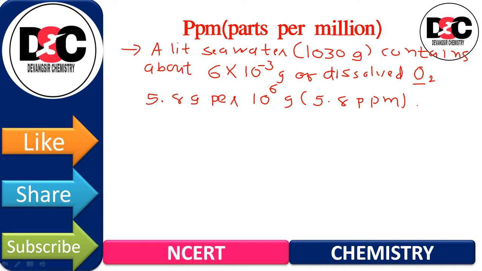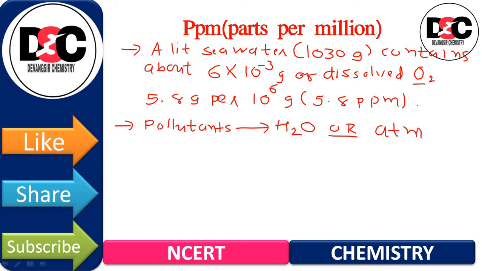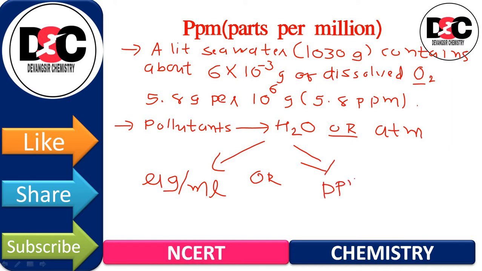The concentration of pollutants in water, or atmosphere, is often expressed in terms of microgram per ml or in ppm. Okay, so this is about the parts per million.